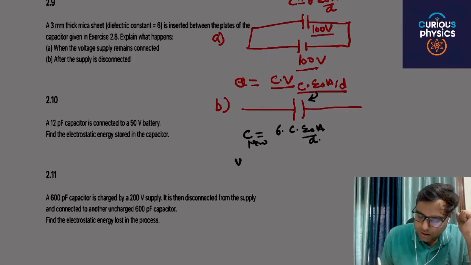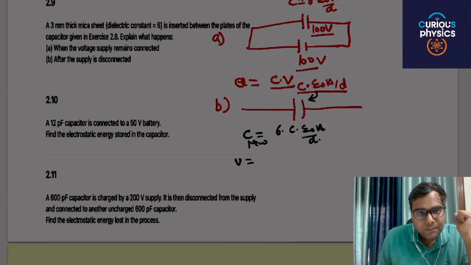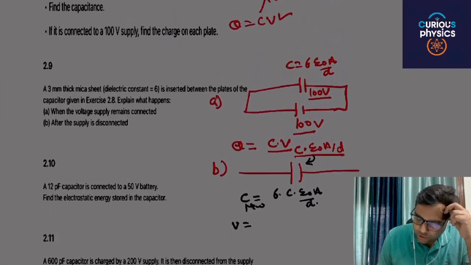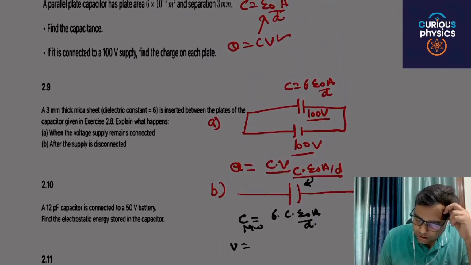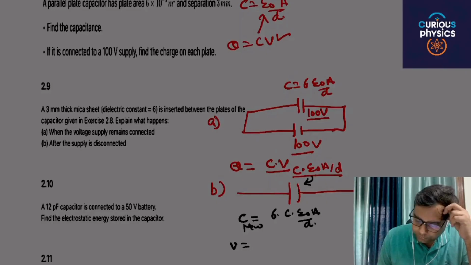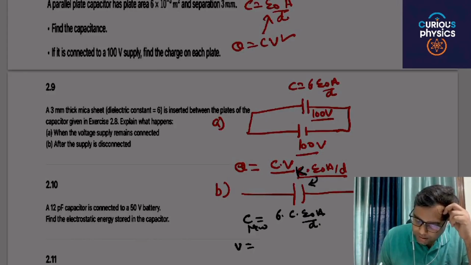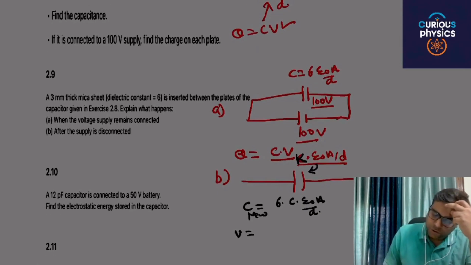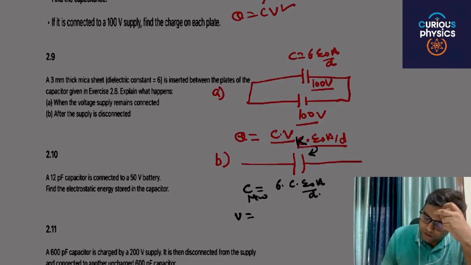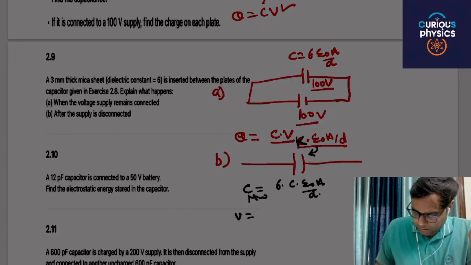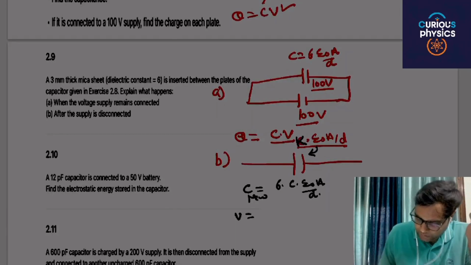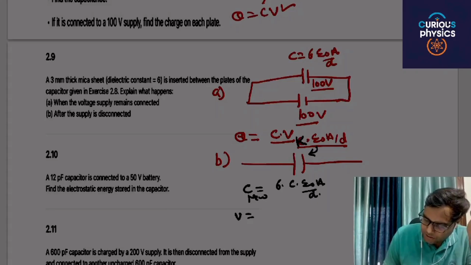Potential will be Q by C, and Q will be the value of the charge at that particular point. Initially the charge was with potential 100.